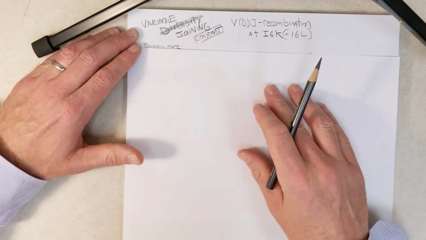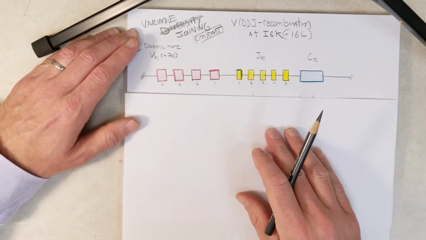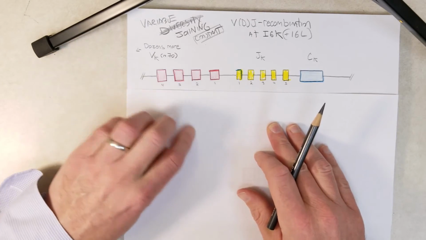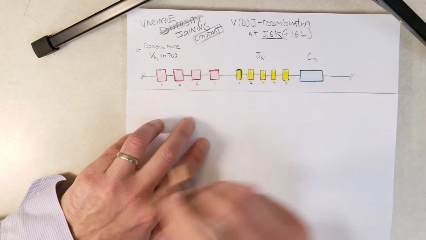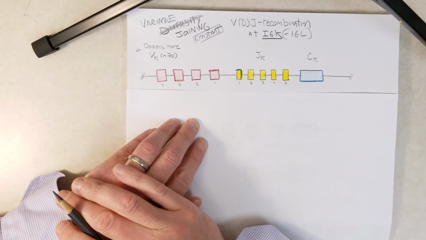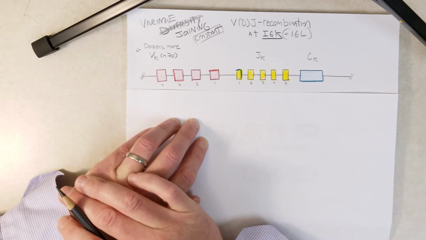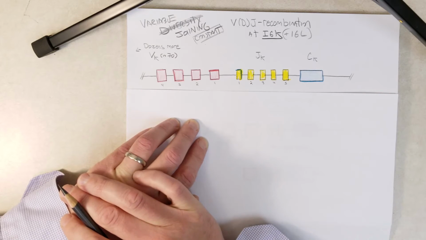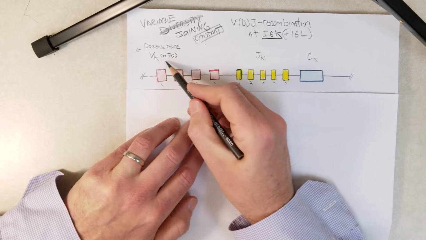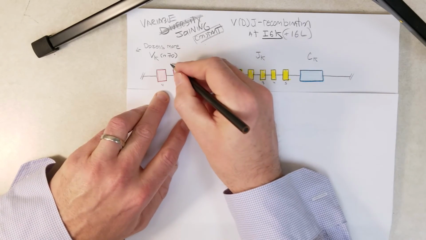So how does VDJ recombination work? Let's just take a look at the IgK locus in humans. Like I said, these loci are very complicated, and it's hard to find multiple references that agree on the number of variable gene segments.